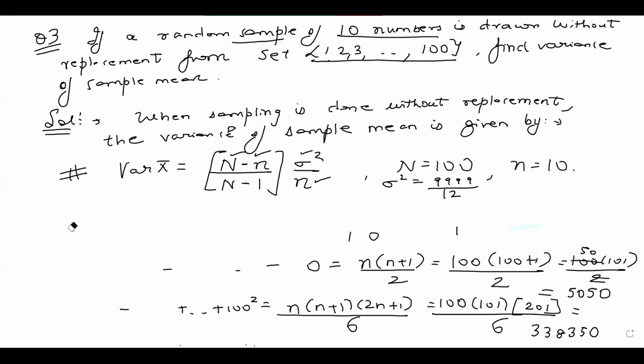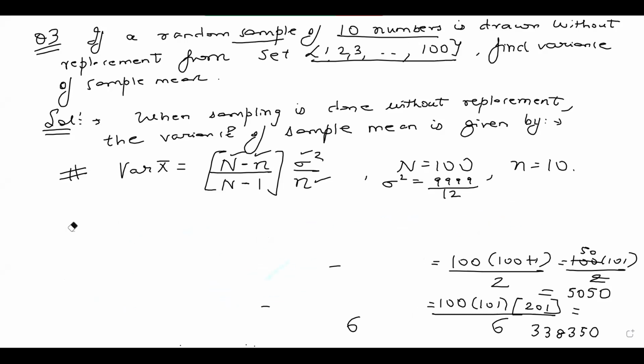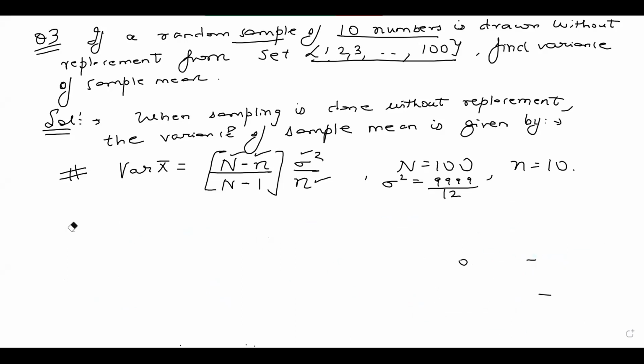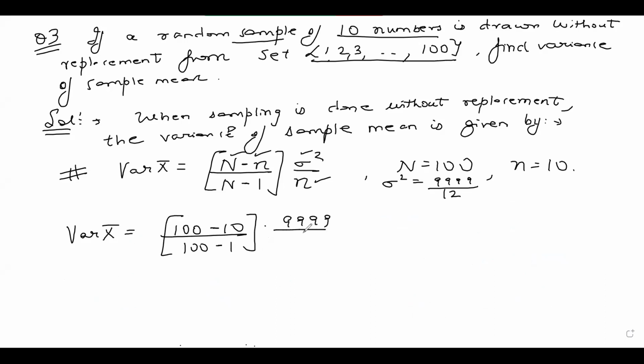I erase this whole part off, and I'm just now going to put everything in the formula for variance of x bar. So variance of x bar is going to be 100 minus 10 over 100 minus 1 times 9999 over 12, so sigma square, times 1 over 10.